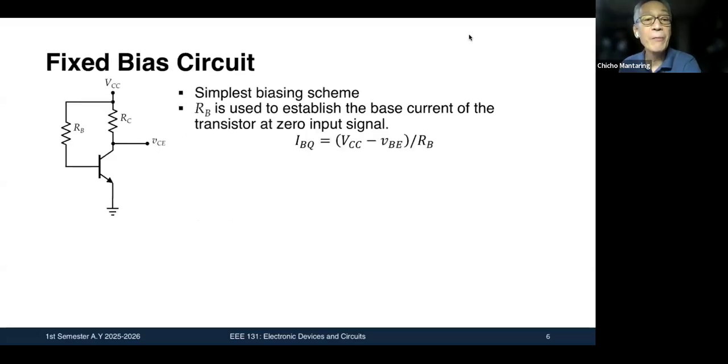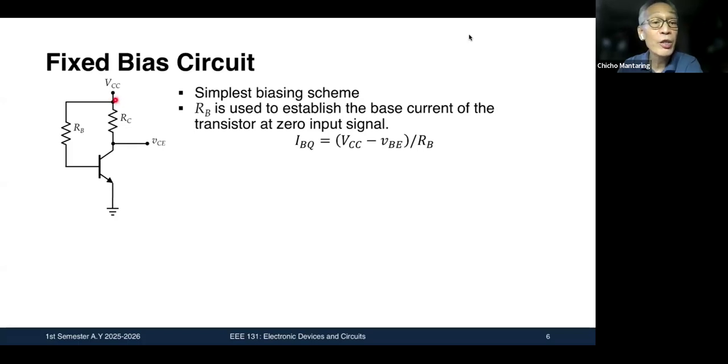Okay, this is what we call the fixed bias circuit. This is the simplest biasing scheme that you can have. So here we're only talking about providing the bias, providing the offset voltage to your input. So what did we do?